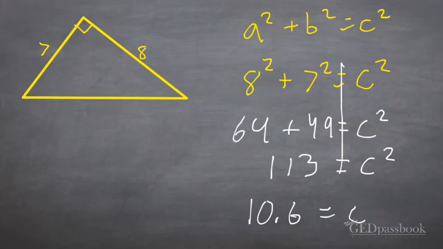If you haven't noticed already, the long part of the right triangle is not only called the hypotenuse. Well, yeah, its name is the hypotenuse. But the other thing you got to look out for is, if you're looking for the C, it better be a bigger number than either your A and B, because that's exactly what the hypotenuse is.